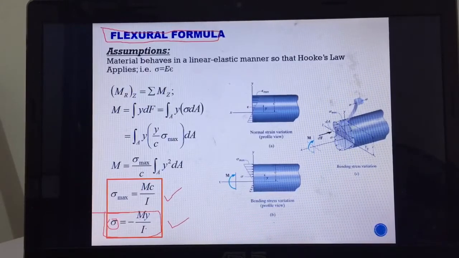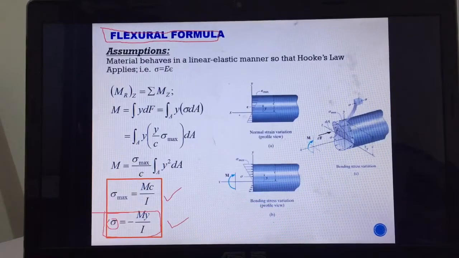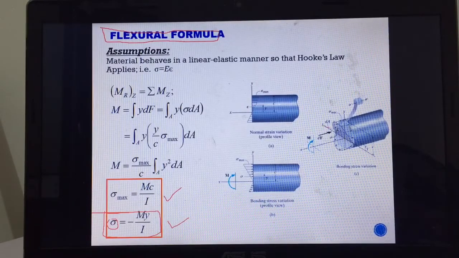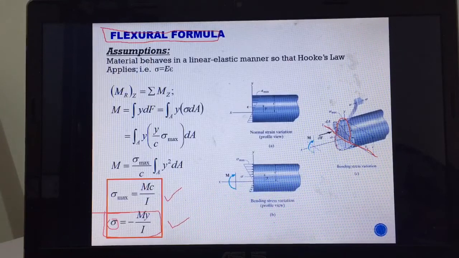So M and I for the section will be constant. The only variable here is y, the location. So as you can see, if y is 0, for instance, here you have this neutral axis, and then you have the top portion and the bottom portion.